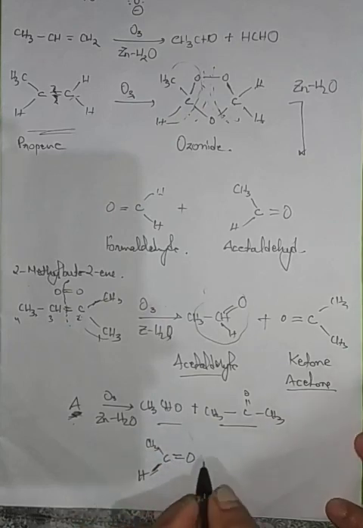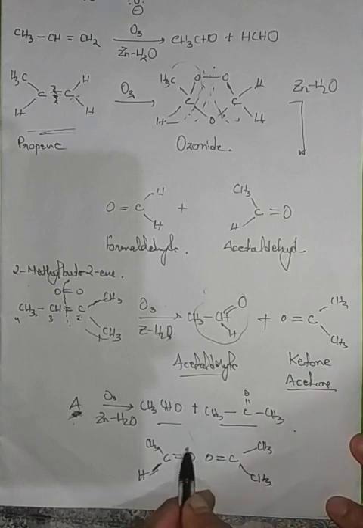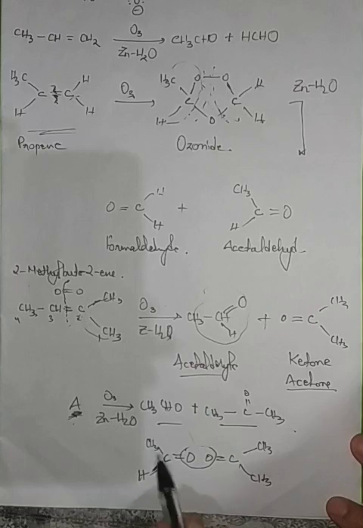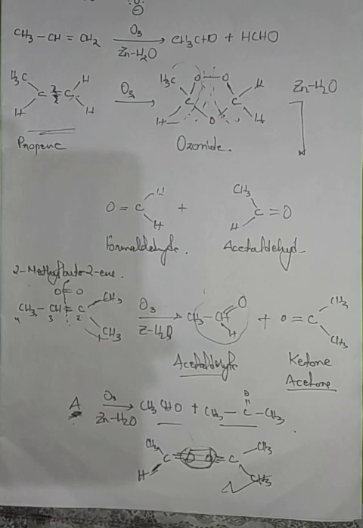This is our acetaldehyde, and then our ketone is here, double bond C, CH3, CH3. Now just remove these two oxygen atoms, and then the double bond would form here, and you'd be getting our product, 2-methyl-butene. So this is a short trick method as to how the ozonolysis reaction takes place.